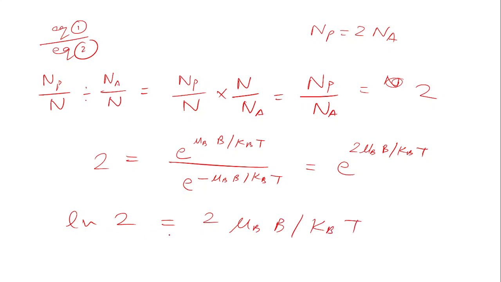Finally we need to find T. If I bring T to the left-hand side, I'm left with 2μBB divided by kB, and natural log 2 comes to the denominator. So I need to find this to get the temperature at which this is the situation for parallel and anti-parallel magnetic moments.